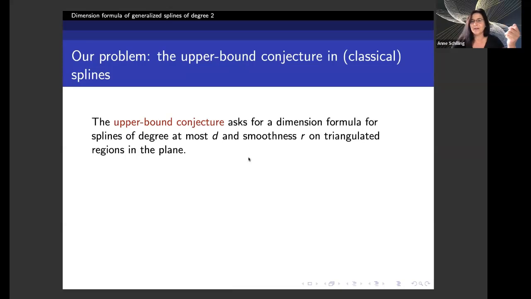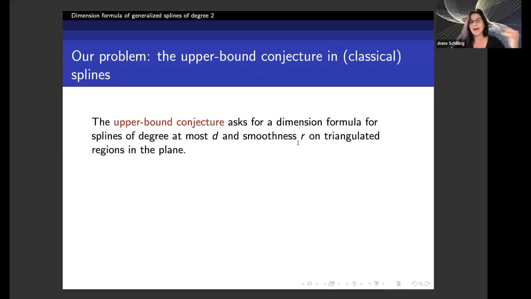This degree means the degree of the polynomials that we are interested in, because we are mostly working over a polynomial ring. And then smoothness r: you can think of it as follows. We want to piece together these polynomials, and they should fit together in some way. The smoothness tells you up to which derivative they should fit together.